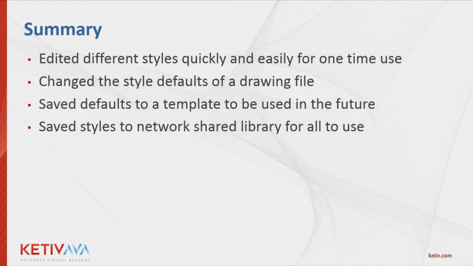We also saw that you can change these defaults to drawing files from the very beginning, and you can set it, forget it, and you know with certainty that whenever you bring in a dimension or a balloon or a text, it's going to be as you set it.